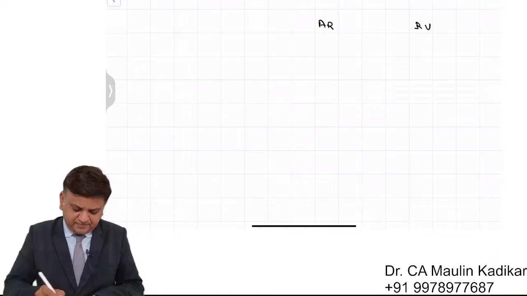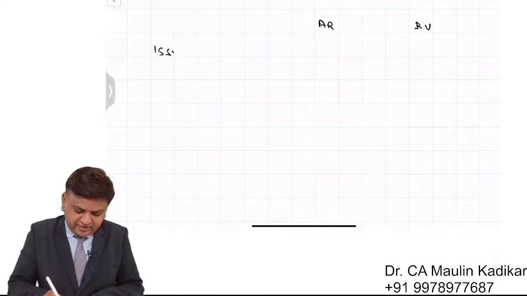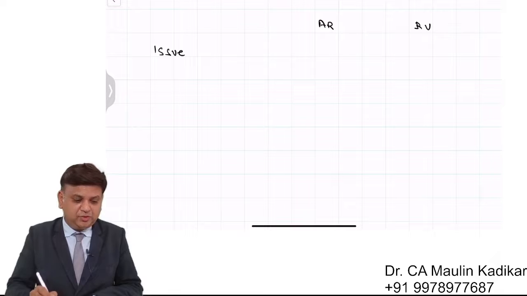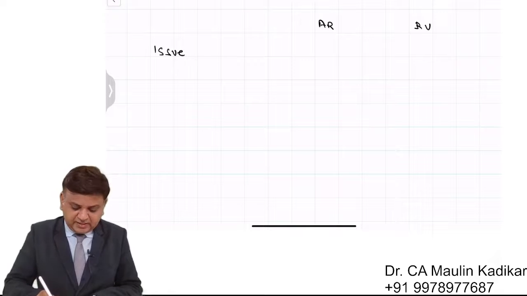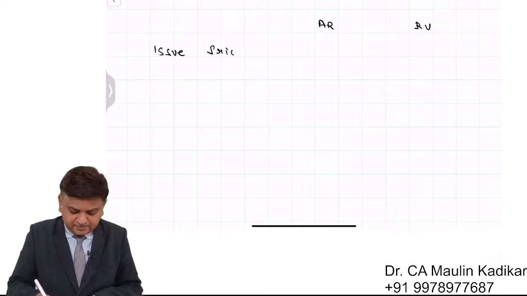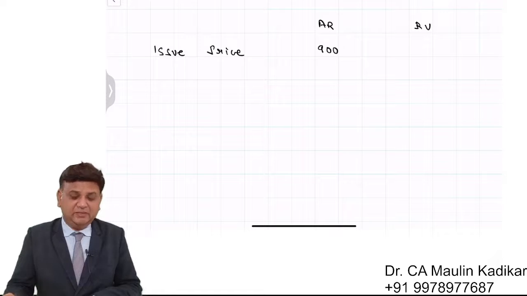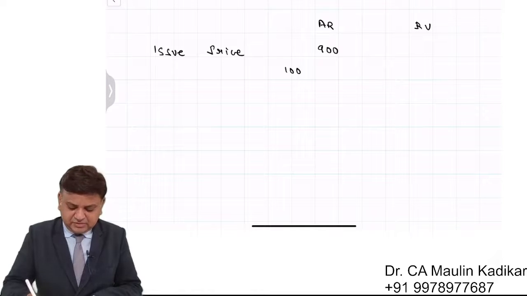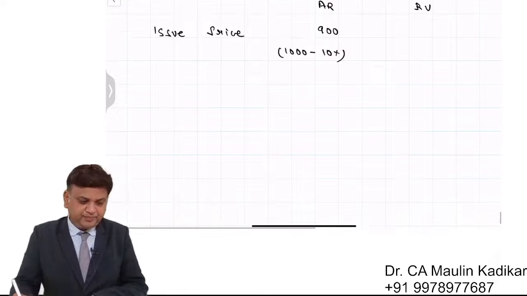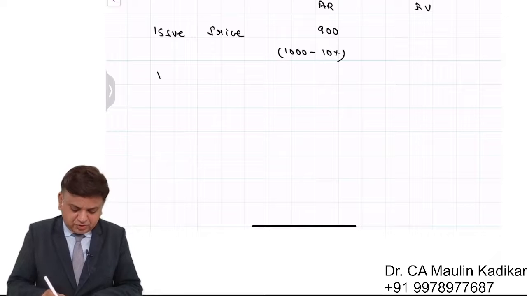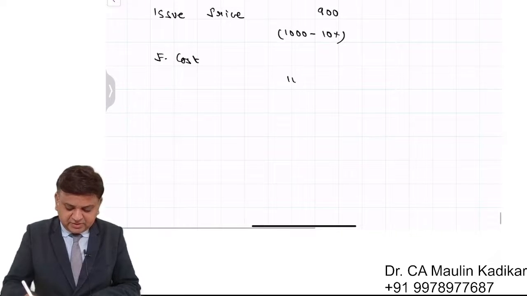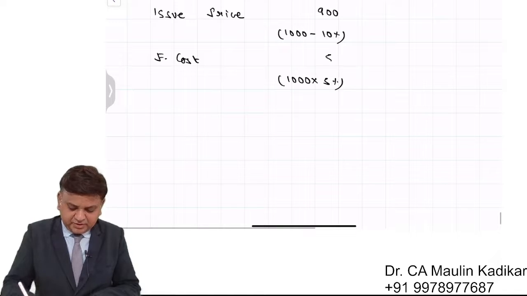It's very simple. And why do we calculate? I just explained that to you. First of all, I'm writing the issue price. Issue price is 900, that is part of the amount received, 1000 minus 10 percent. Then there is flotation cost. It is 5 percent. So 1000 into 5%, that comes to 50.